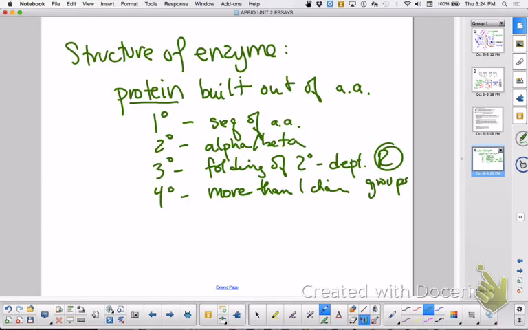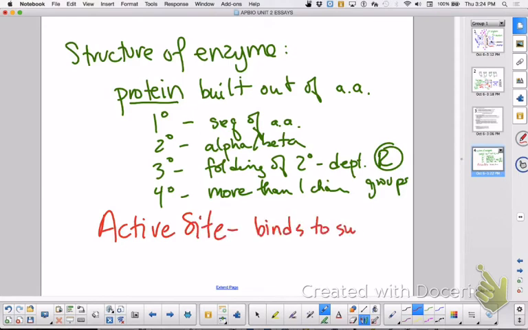Active site. Now you can talk to me about the active site, and you could tell me that the active site is where it binds to the substrate. What determines the shape of that active site? This right here, right?